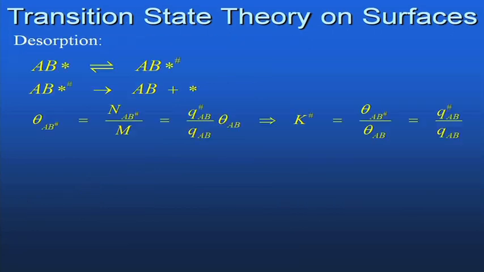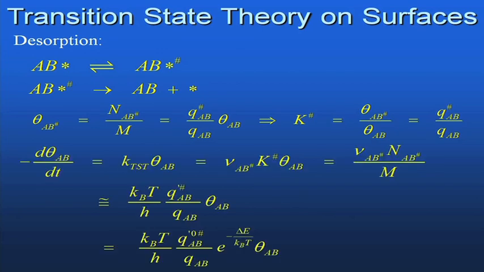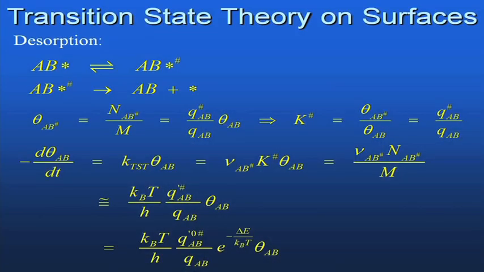And then we have employed the desorption process, that once this molecule AB is formed, it may undergo desorption, that is, leaving the metal surface. So, from that we also have the rate expression for the desorption process.